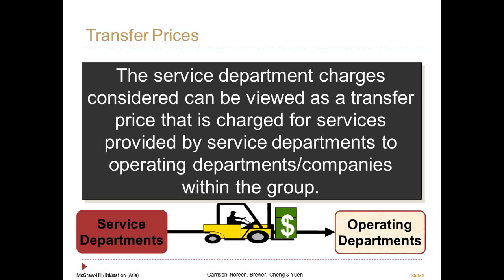The service department charges considered can be viewed as a transfer price that is charged for services provided by service departments to operating departments, various companies within the same group.